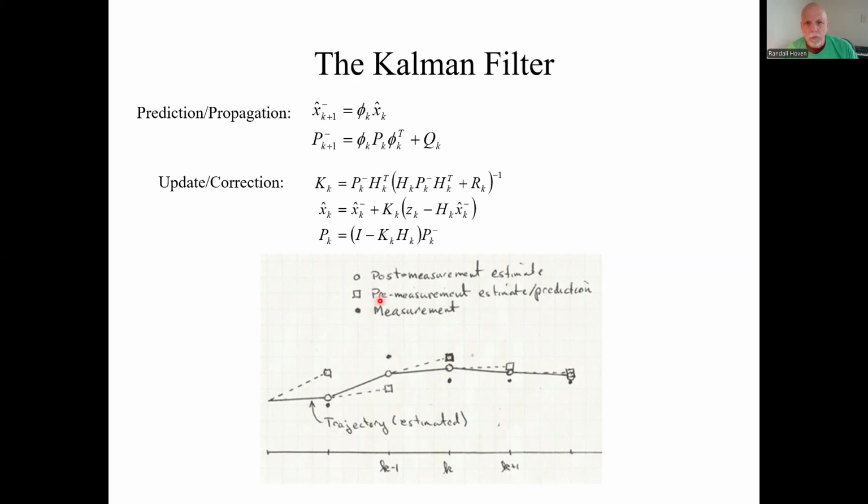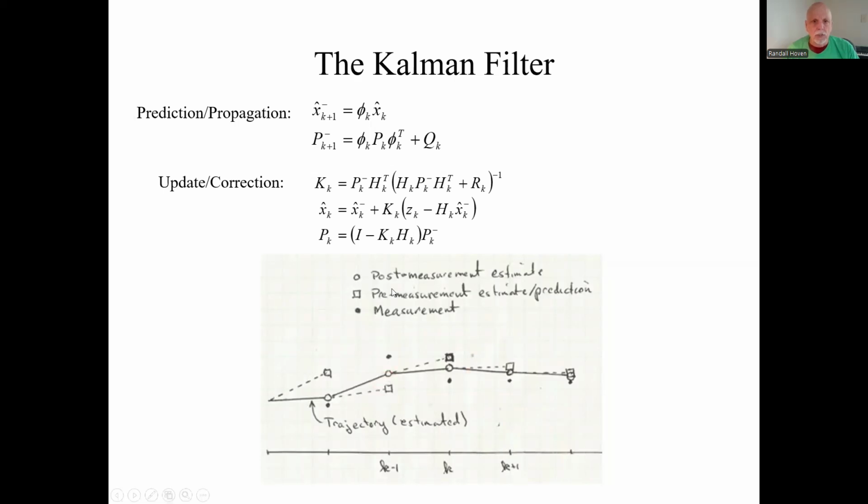We have pre-measurement estimates, these squares. And then we have post-measurement estimates, these little circles. If I connect all the circles, I have this solid line. Let's look at right here, for example.